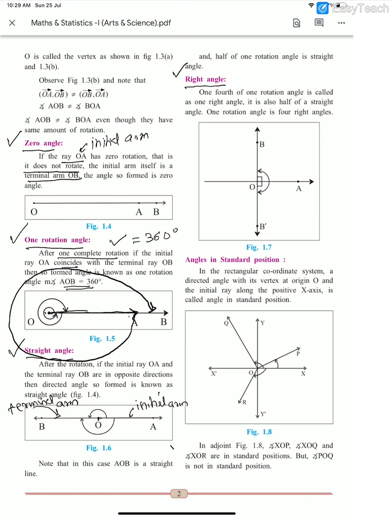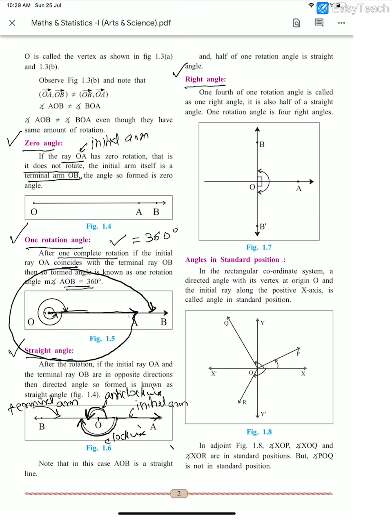This will happen when it rotates like this and forms OB, or it rotates like this and forms OB. So it will rotate either clockwise or anti-clockwise.